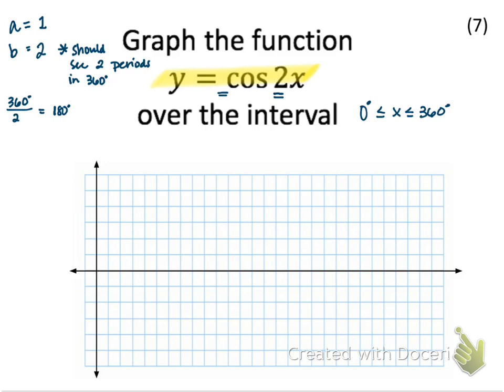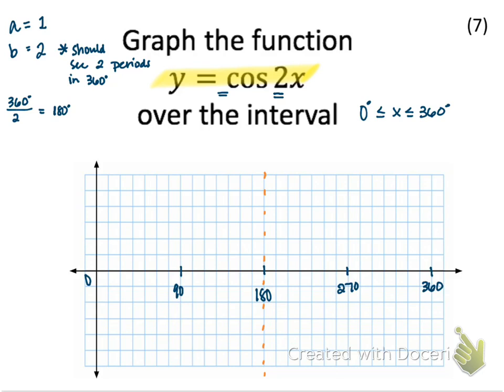So we'll mark our graph 0 to 360 degrees. Normally, we would have our 180 degrees, our 90 degrees, and our 270 degrees. However, since one wavelength is going to take us to 180 degrees, we want to make sure that on the left side and the right side of this orange dashed line that I plotted out, we have quartered that section as well.